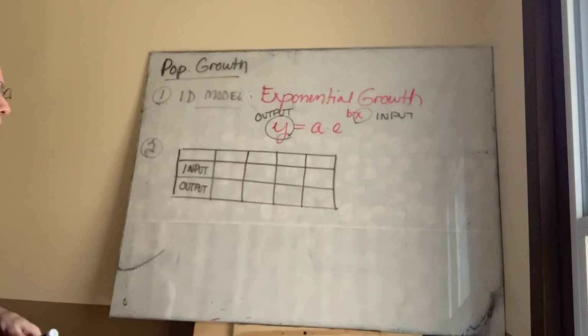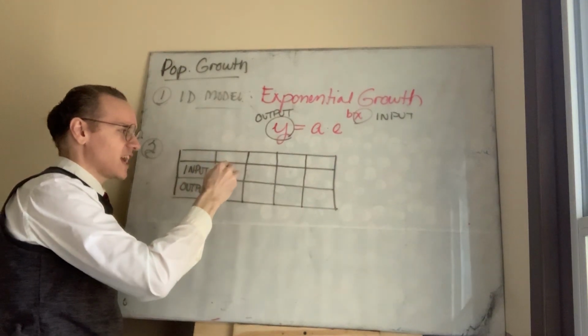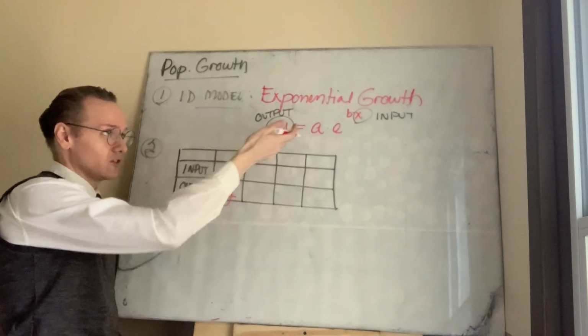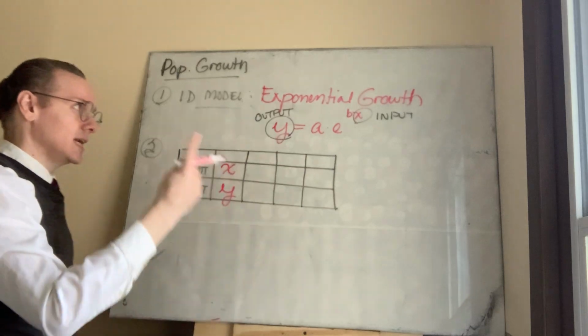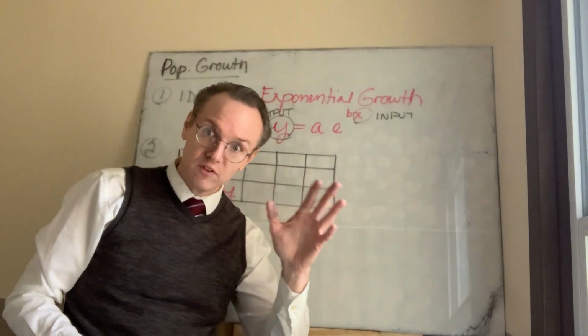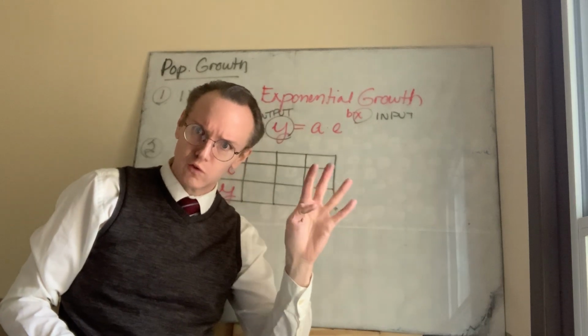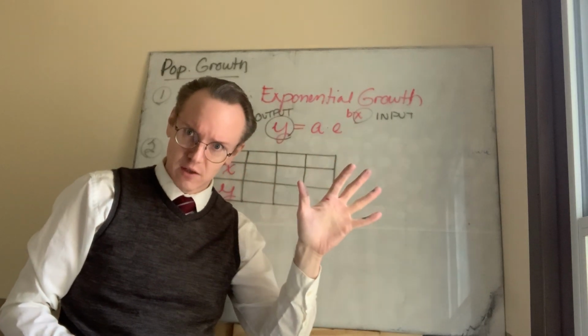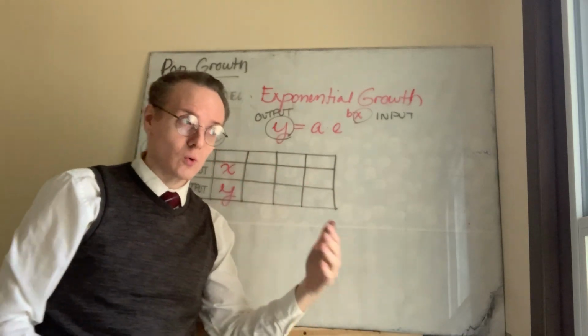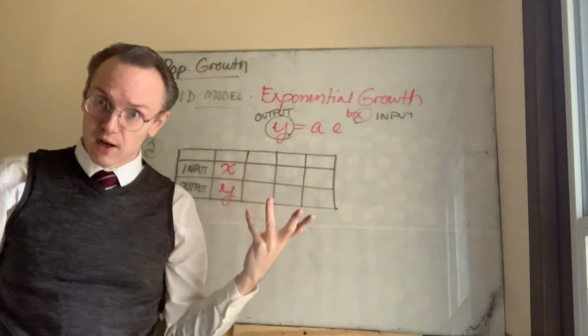The input under normal circumstances is x. The output under normal circumstances is y. That's the way it is in the model. In this situation, we're talking about a certain number of days that is quoted to us, 2 days, 4 days, and then they ask about 5 days, and that correlates to a certain number of flies.